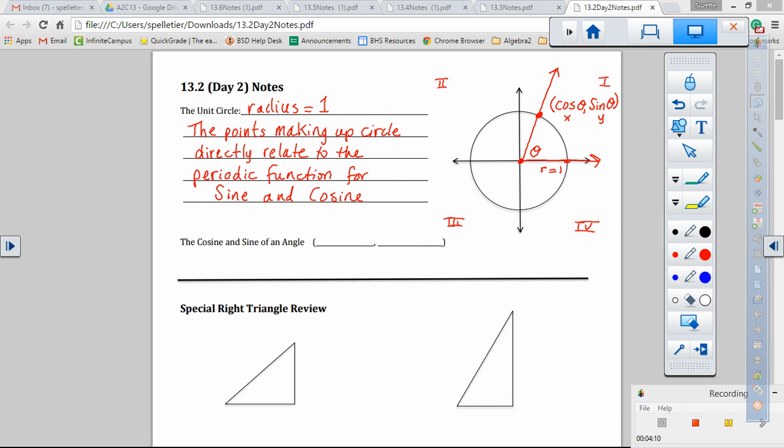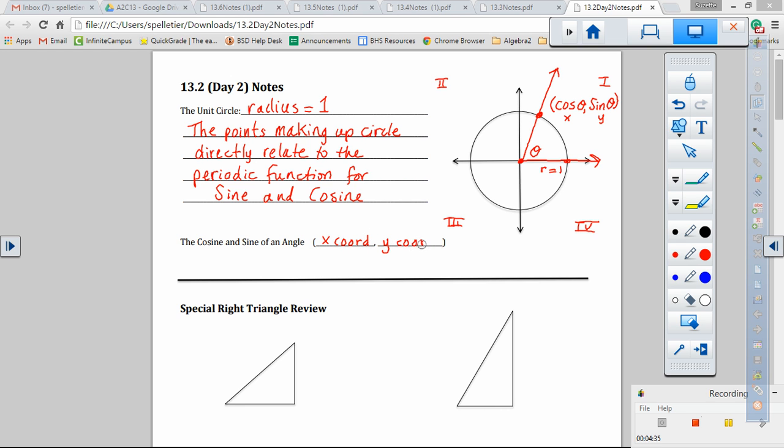Again, when we build our unit circle in class, it will make more sense how we're getting those numbers. How I remember which goes first is that C comes before S in the alphabet. So cosine goes first, sine goes second. The cosine and sine of an angle mean the x coordinate and the y coordinate.